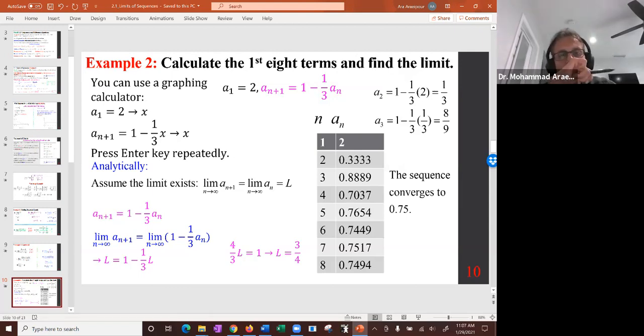This is in case you're doing your homework and it's difficult, and it takes long. Finally, the table indicates in the second column that the limit goes to 0.75. And finally, we looked at that algebraically, and we proved the limit is 3/4, which is the same as 0.75.